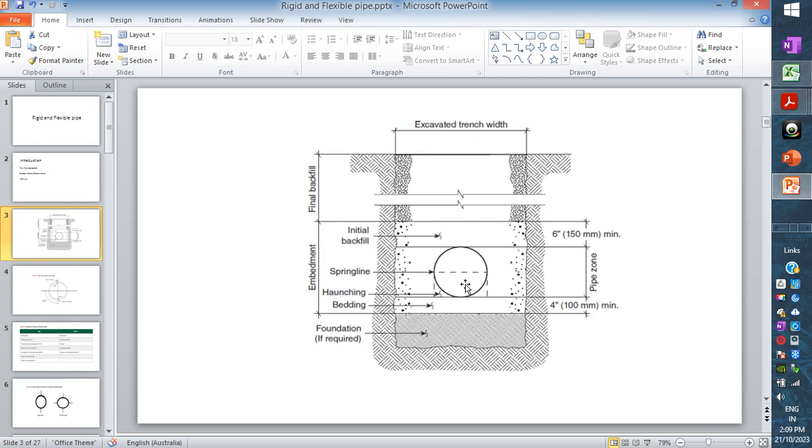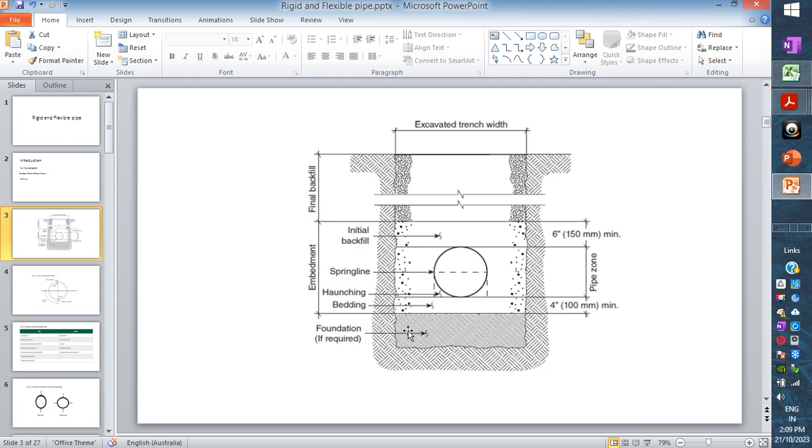So as you know, this is how the pipe embankment looks. Foundation is the critical part, depending on the given classification, soil condition, and geotechnical investigation. Bedding is also a primary criterion.